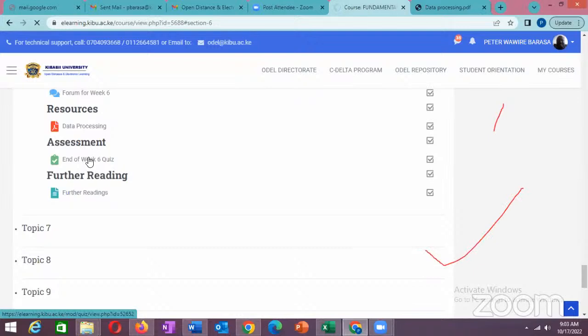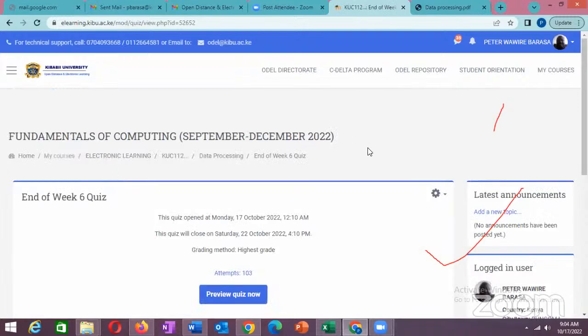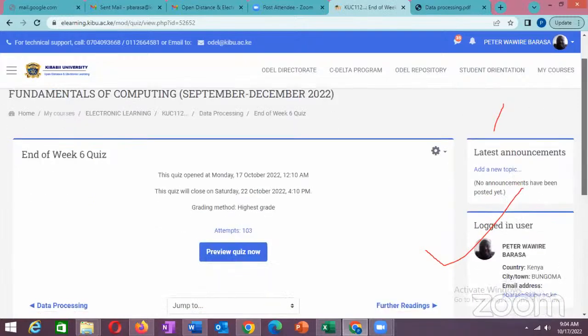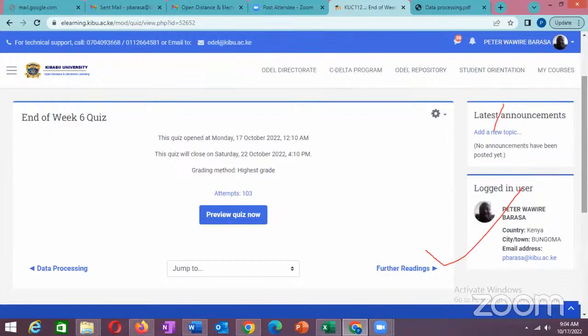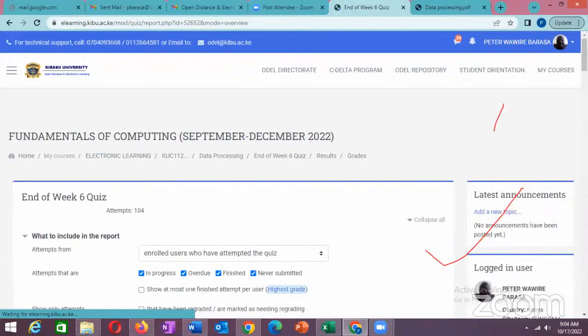So this is a very short topic. So next week we are going to look at networking, the topologies. I can see so far that we've just finished the quiz and some have already attempted it.